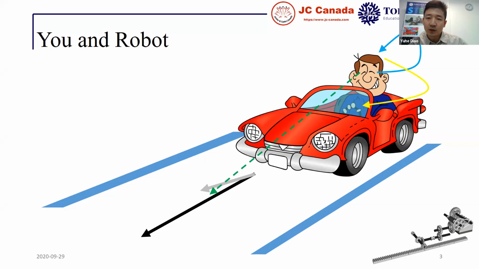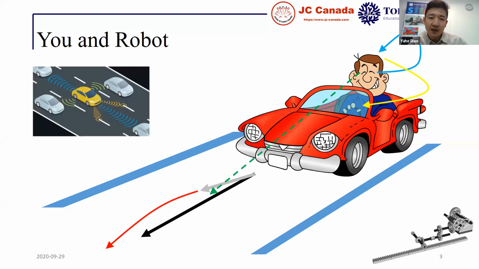Then our brain will ask our hands to do something, right, to control the car, and then we can go back to the center line. Okay, so if we do all these things with a machine, with a programmed car, then we can have a self-driving car. Now it's a robot because the car can move by itself.